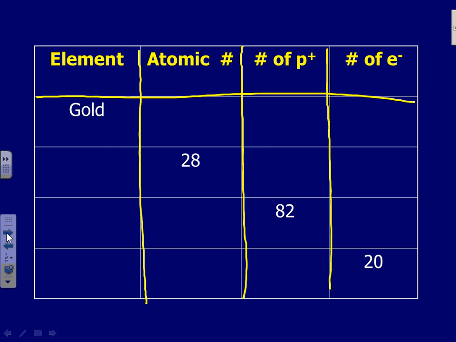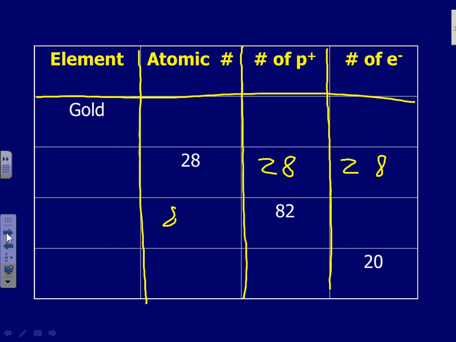So I'm hoping you're looking down there right now and filling it in like crazy. Because the protons are the same as the atomic number. And if we're talking about a neutral atom, it's the same number of electrons. So right away, if we're trying to get this done, because I know you guys sometimes like to get things done quickly, we're doing this type of thing. It's all the same.